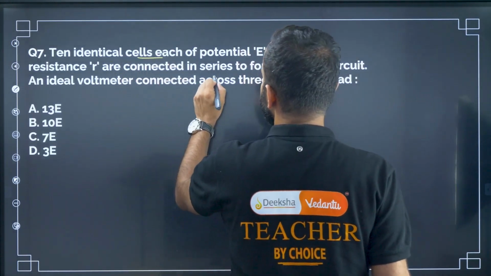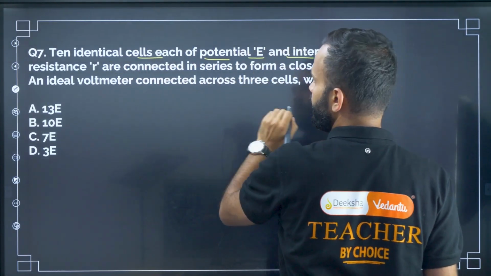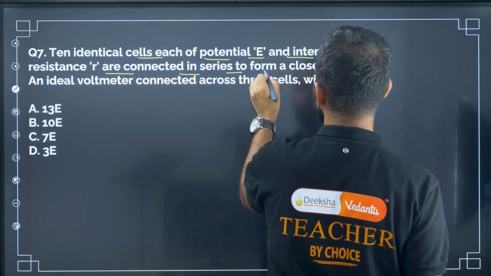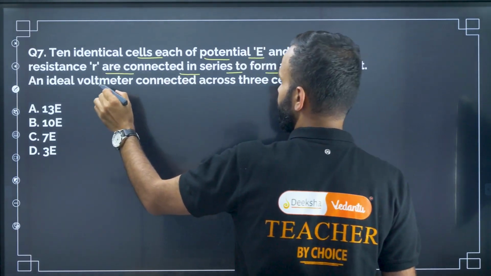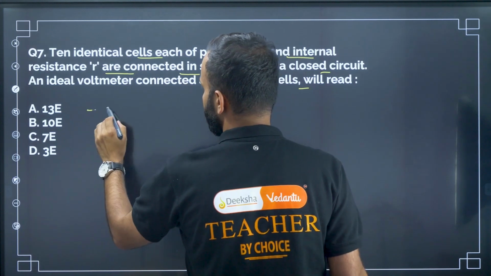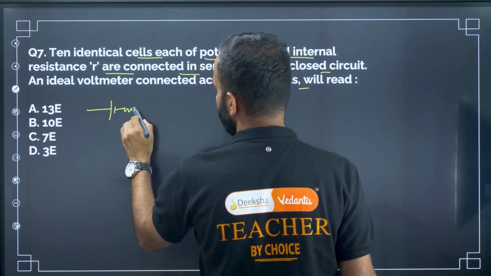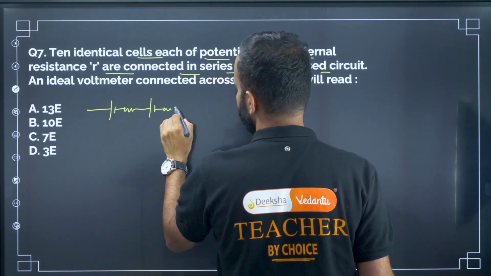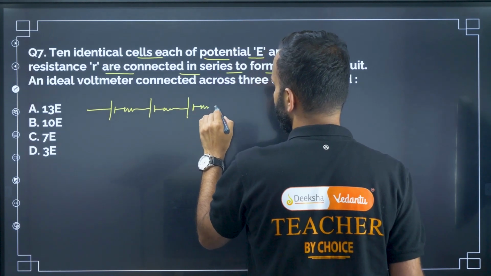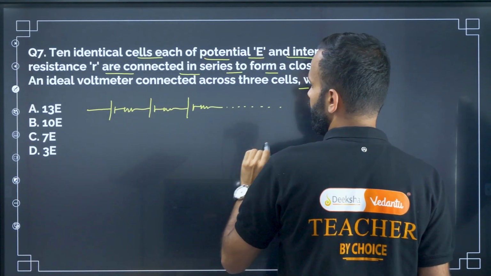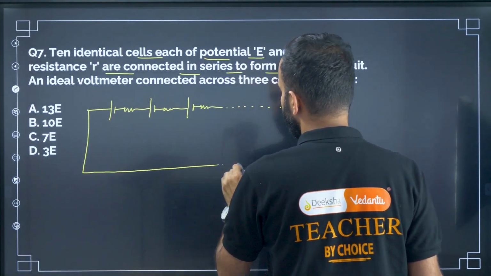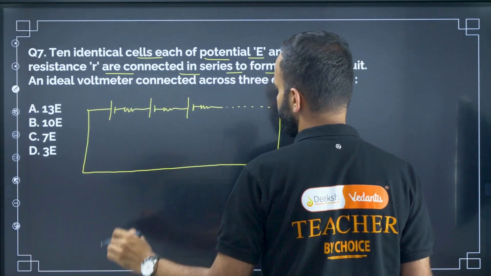10 identical cells, each of potential E and internal resistance r, connected in series to form a closed circuit. Okay. Let us draw the diagram. 10 identical cells, connected in series.